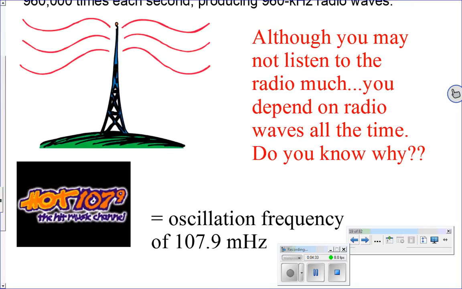We do still depend on radio waves all the time, although not specifically in this range of frequencies, but this is also how technologies such as phones and things like that work as well.